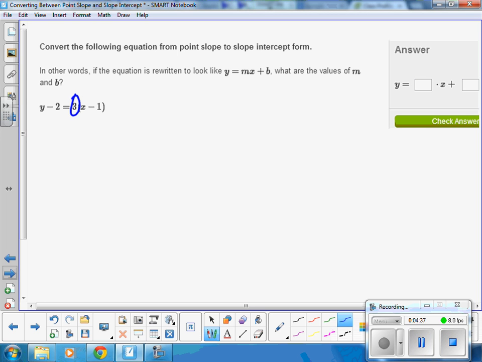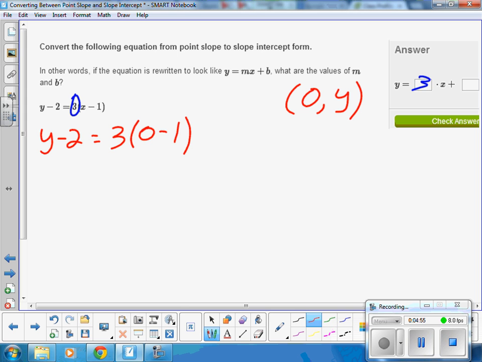The slope, easy part, 3. Okay? The next part that I'm going to do is go y minus 2 is equal to 3 times 0 minus 1. Because our intercept, remember, is 0, y. That's where x is 0.